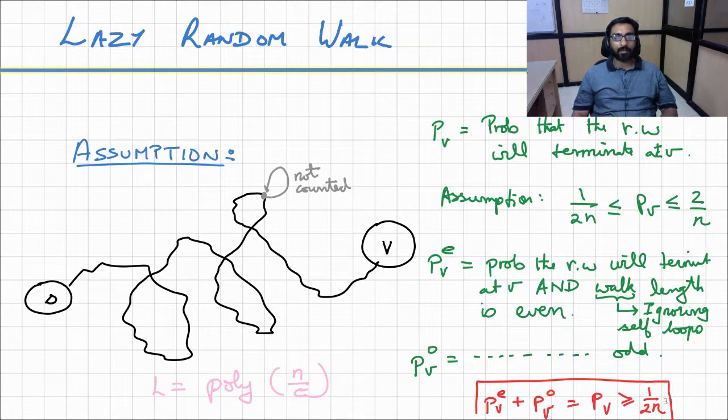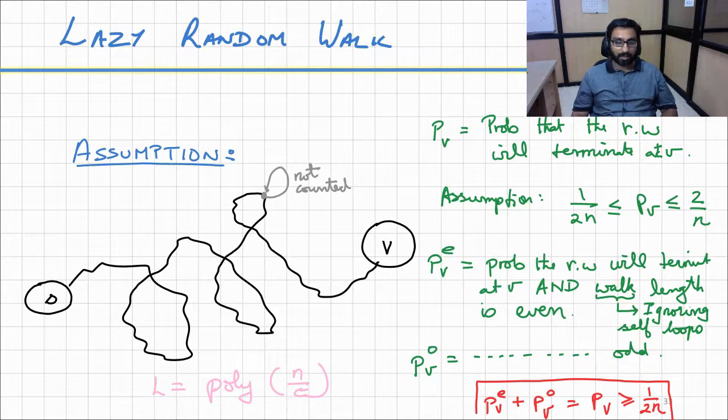A quick exercise for you is to convince yourself that such a lazy random walk will actually have a stationary distribution that's uniform over all the vertices. Now, you may want to pause and convince yourself that that's the case.